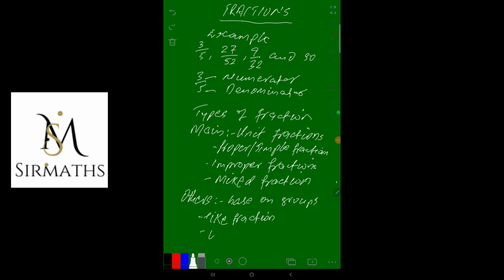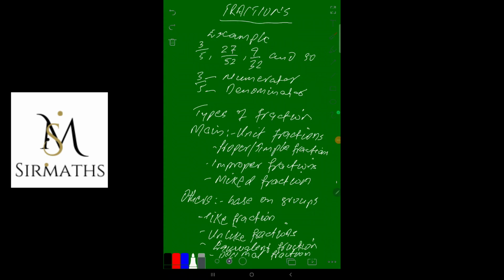We have unlike fraction. We have equivalent fraction. Then we have decimal fraction. Let's start with the first one and explain what it means.